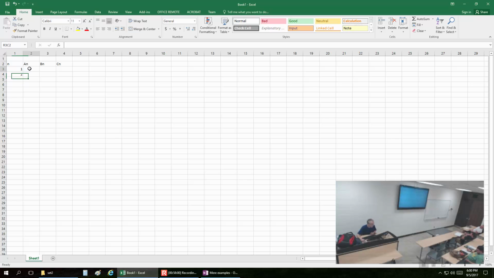An was cosine of 1 over n, so equal to cosine 1 divided by n, close parenthesis, enter.